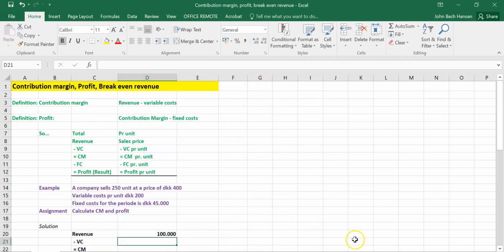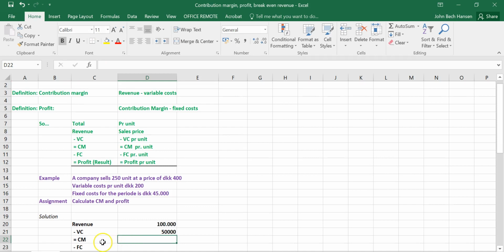So did you come up with the answer on how we calculate the variable cost? Variable cost is depending on the number of sold units, because we know that variable cost is changing when the sales change. So actually, if we sell nothing, variable costs will be nothing. But here, actually, we sell 250 units. So it is 250 units multiplied by the cost of each unit, and that was 200.